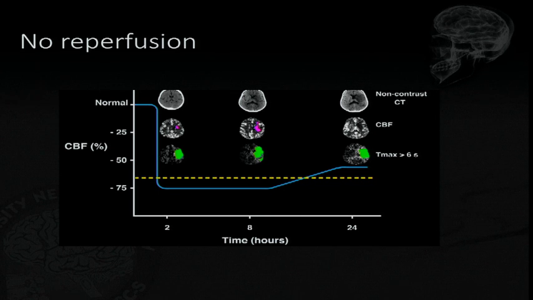So if we do nothing and we just scan the patient again at 8 hours, we can see the core keeps getting bigger, the penumbra is mostly the same, and then after 24 hours, we see a big defect on the non-contrast CT that matches the penumbra that we had. Has anyone seen the RAPID training videos? Some of you have? Okay.